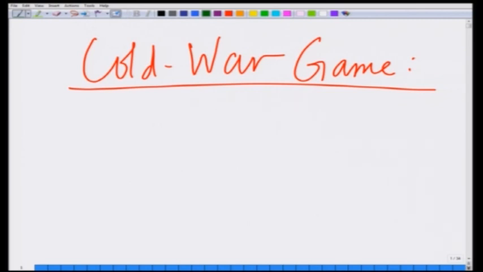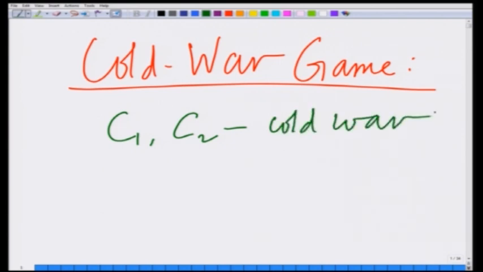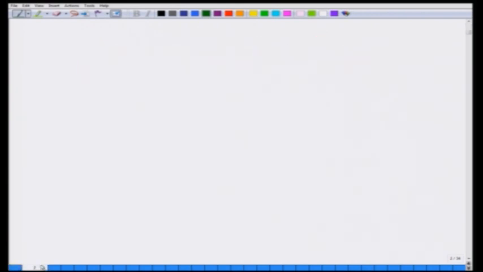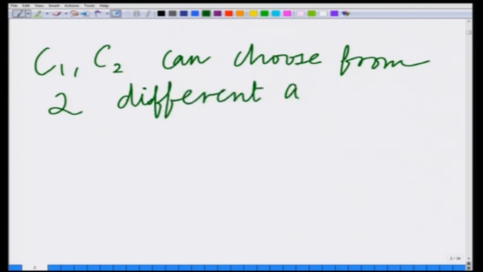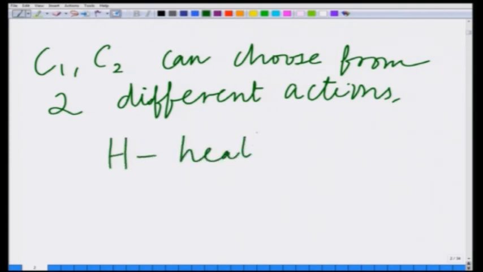Let us consider two countries C1 and C2 which are involved in a Cold War sort of scenario, and both can choose from two different actions. Either they can choose to invest or focus their resources on health and development.